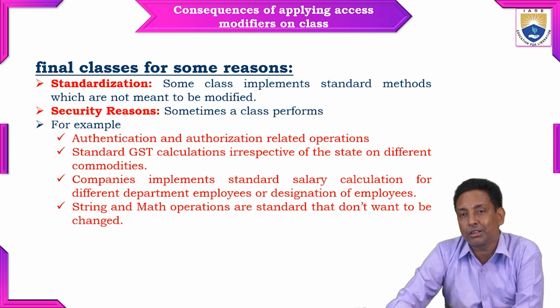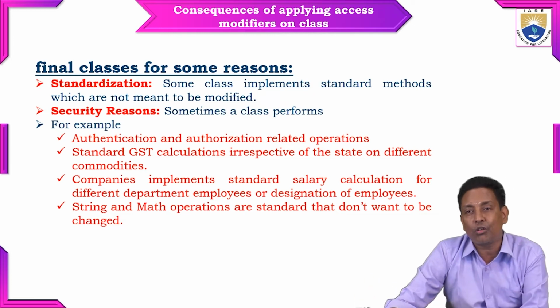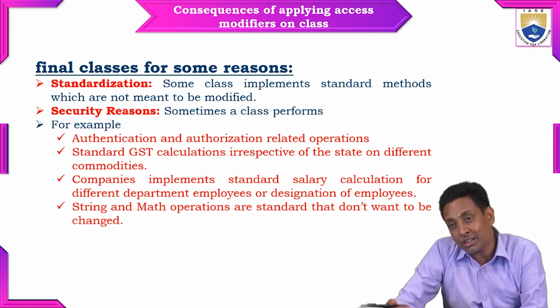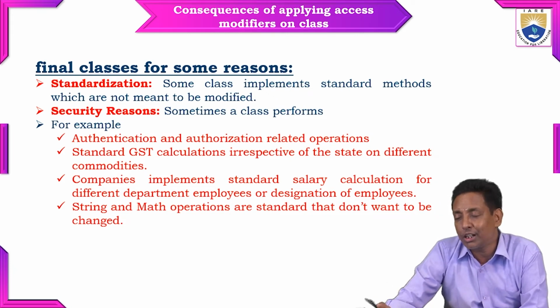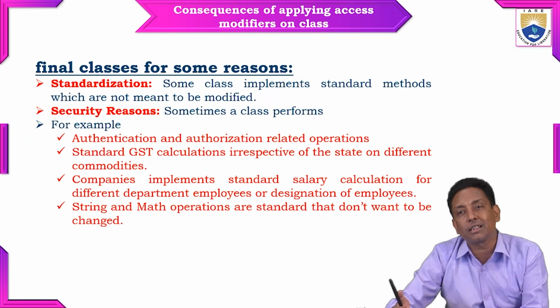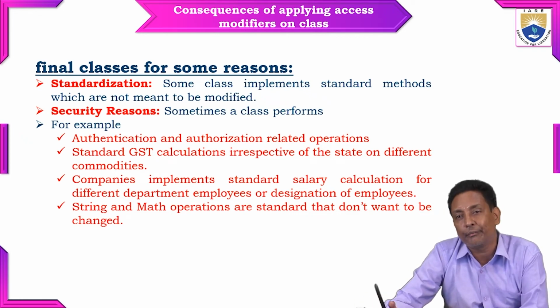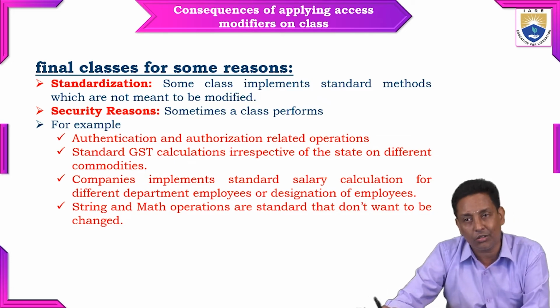The same salary calculation wants to be used in our company also. We don't want to change that implementation. Once the salary calculation implementation is written in one class, it wants to be used by others, and those methods do not want to be overridden or rewritten by anybody. So such a class is also declared as final.